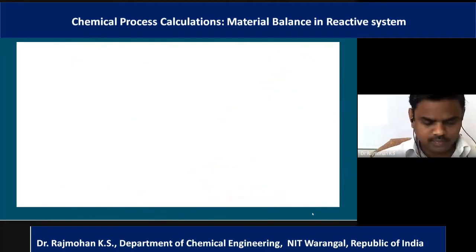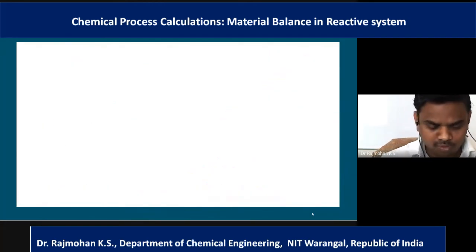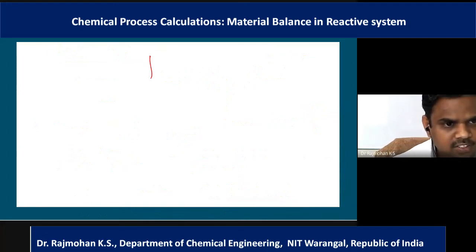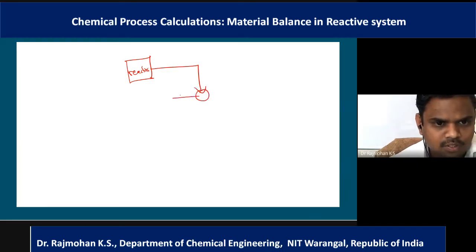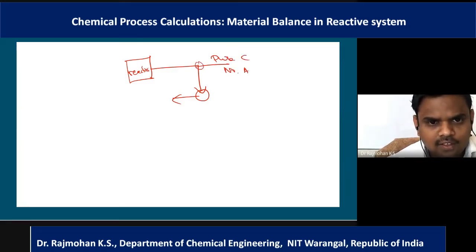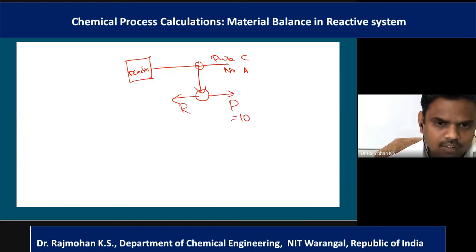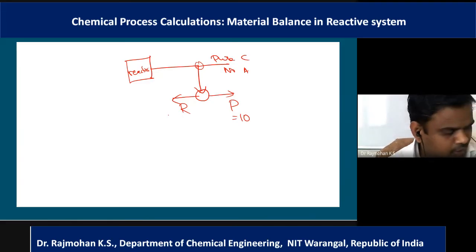And what happens to this? Whatever is leaving the reactor goes into only two streams, because the net product is pure C, which means no A. So here we have the recycle stream, and here we have the purge stream, which is equal to 10. We don't know R, but we know the amount of A in it.